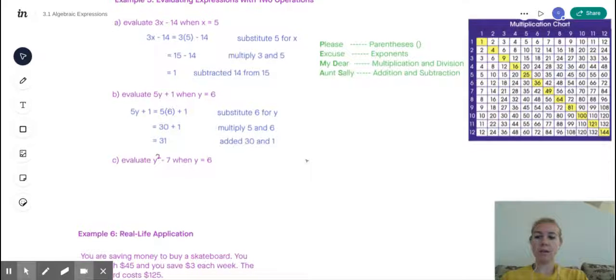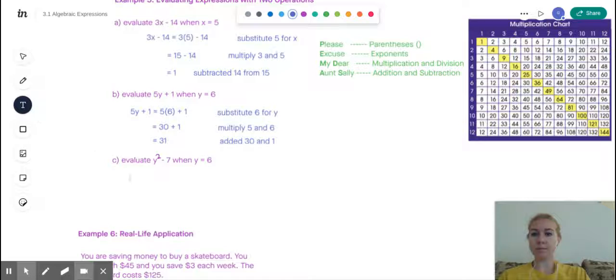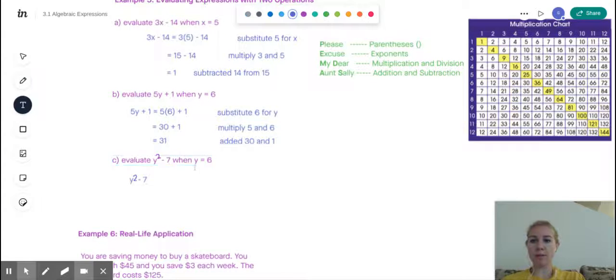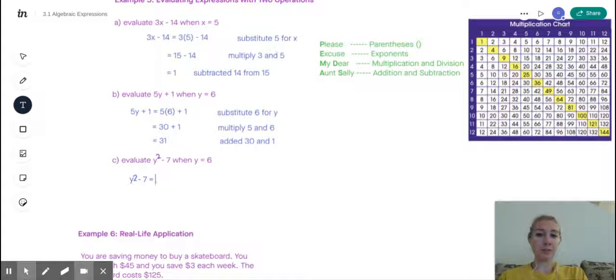Okay, let's look at problem C. Evaluate y squared minus 7 when y equals 6. Okay, so we have y squared minus 7. So the first thing I'm going to do is substitute 6 for y.